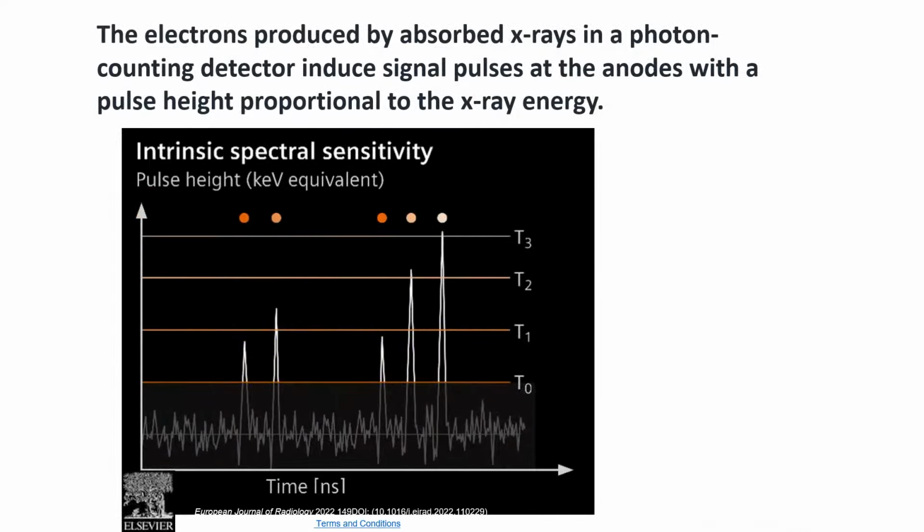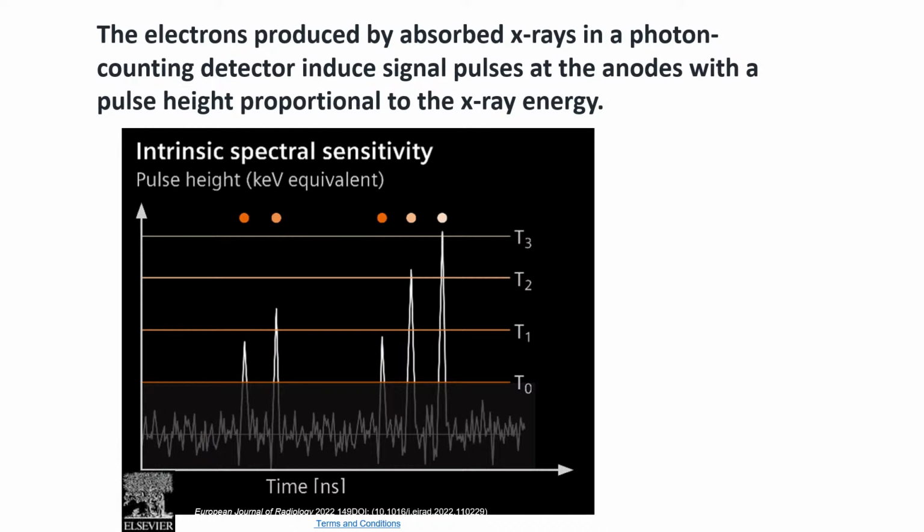Okay, and that goes into this: if you know exactly the energy of the photon, and depending on the profile you receive after it goes through the body, you can get an idea of what kind of composition.